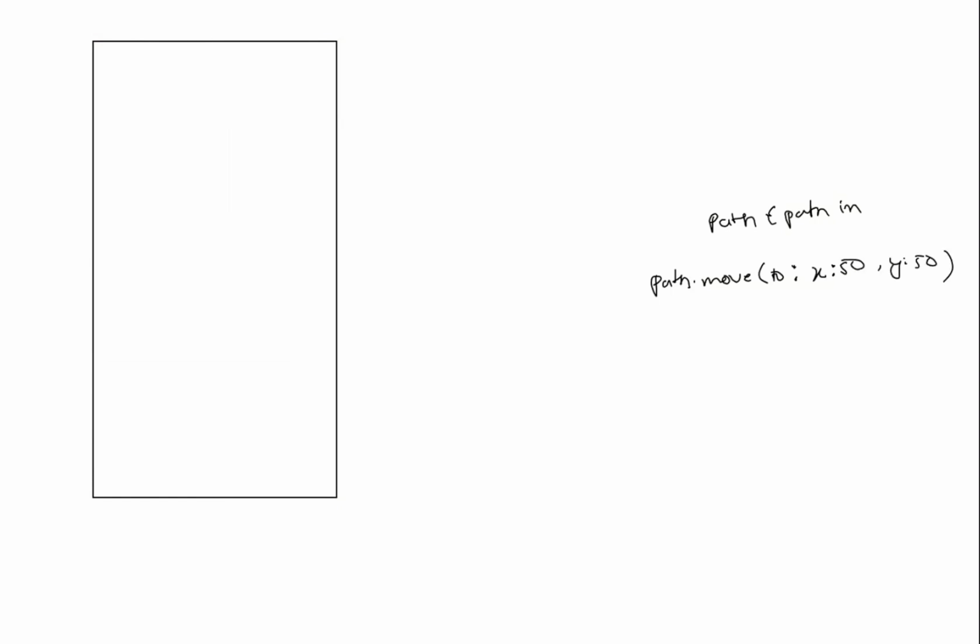So what happens if I write this statement here? On the iPhone screen, this is the 0, 0 coordinate, not considering the safe area. What this statement will do is move my anchor point 50 on the x-axis and 50 on the y-axis.